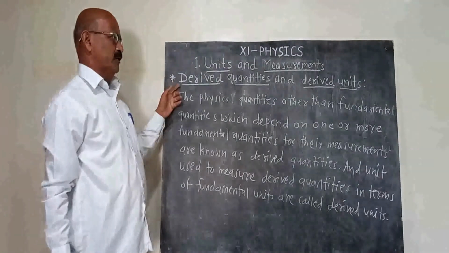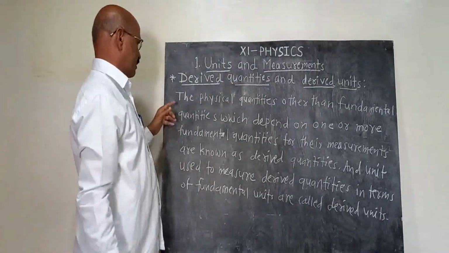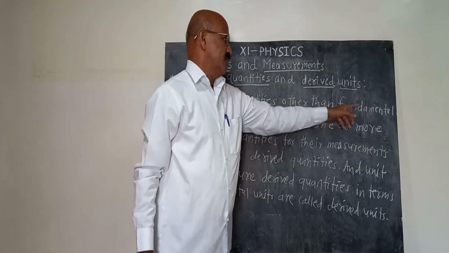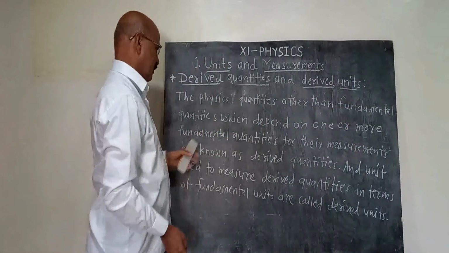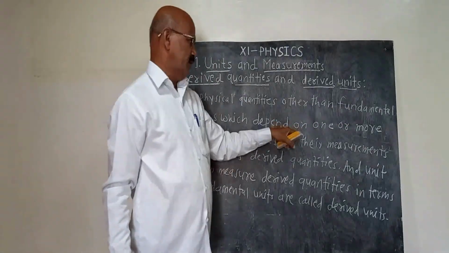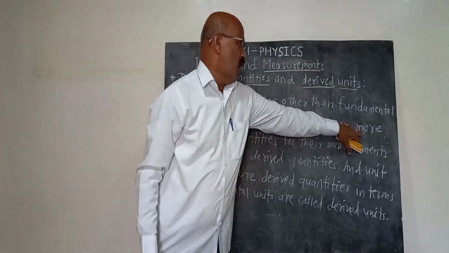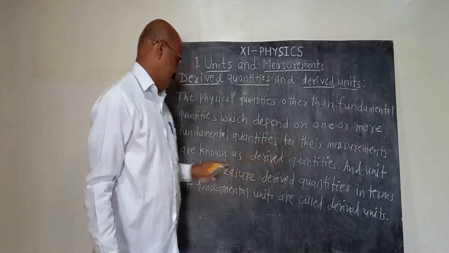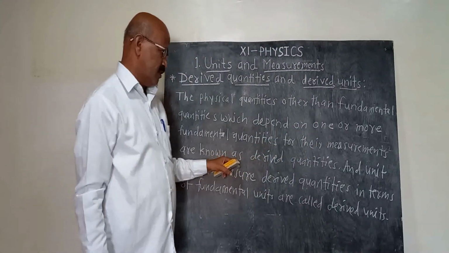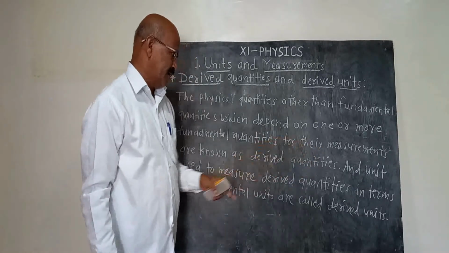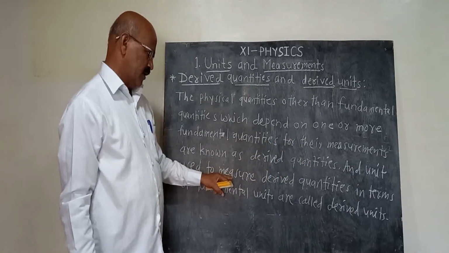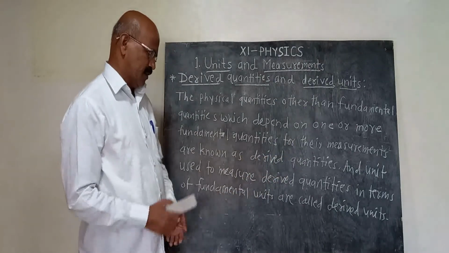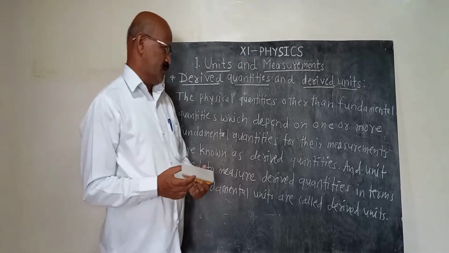Again, see the definition of derived quantities and derived units: the physical quantities other than fundamental quantities which depend on one or more fundamental quantities for their measurements are known as derived quantities, and the unit used to measure derived quantities in terms of fundamental units are called derived units.